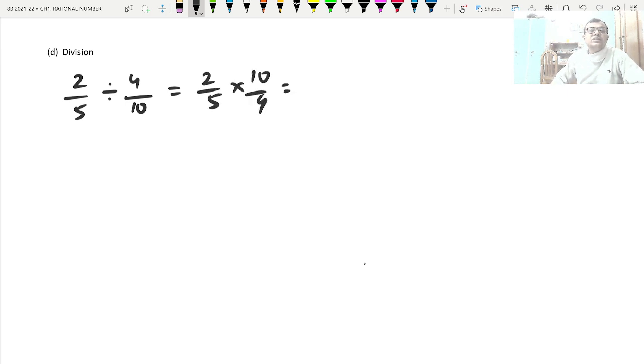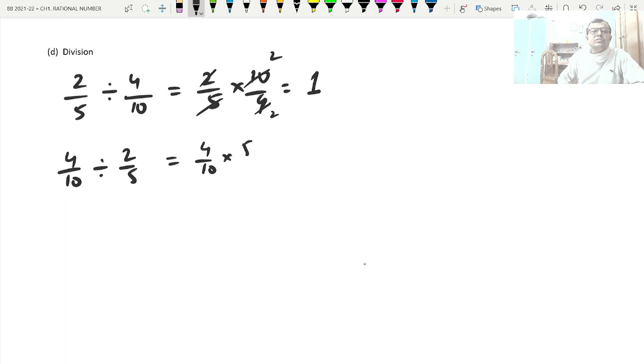Cancelling, this is equal to 1. Now in reverse order, 4 by 10 divided by 2 by 5 is 4 by 10 into 5 by 2, which is also 1. You got it the same.